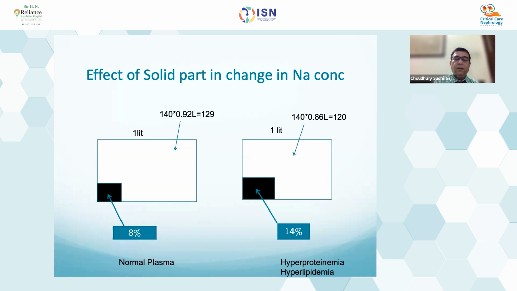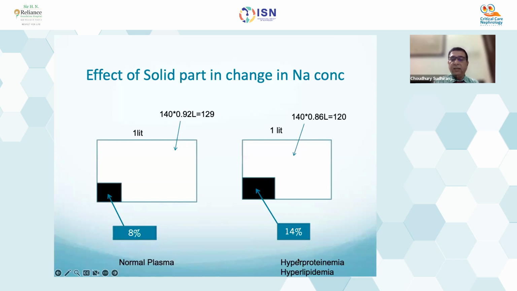However, when flame photometry was used, if you are excluding the solid phase, there is a miscalculation of the sodium that is called pseudo hyponatremia. So 129. Here is another example of how the solid phase also contributes towards the significance of hyponatremia.